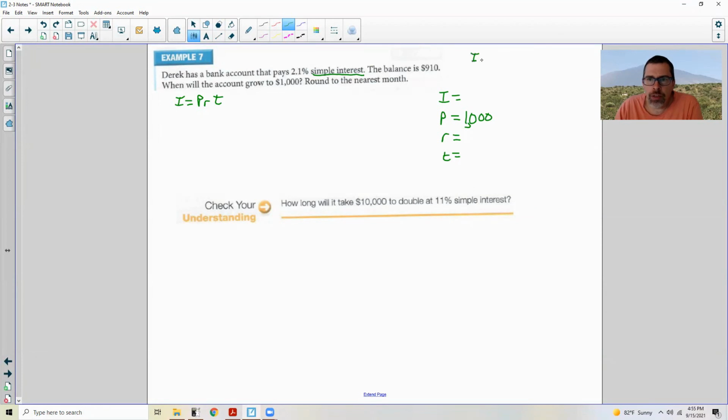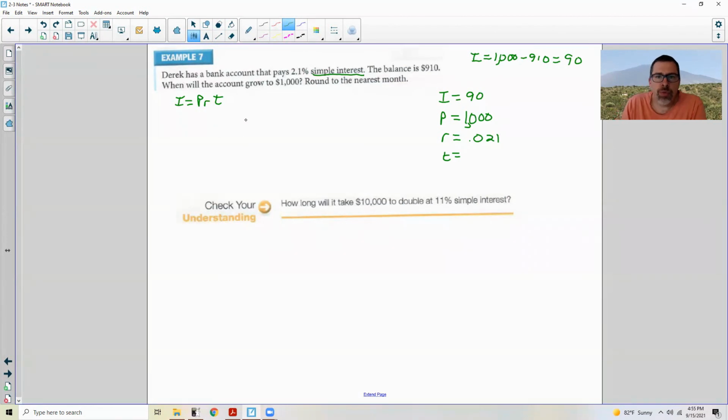So the interest is going to equal what he wants in the account minus what he has. So he needs to make $90. 1,000 minus 910 is 90. He wants $90 in interest in order to get to a principal of 1,000. The rate is 0.021, and the time is what we're trying to find.